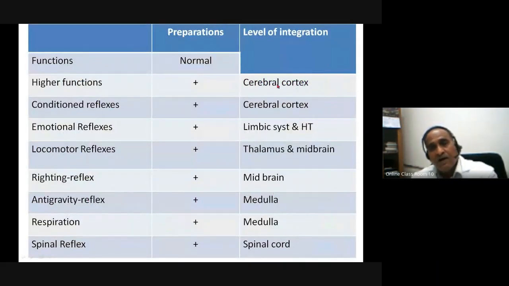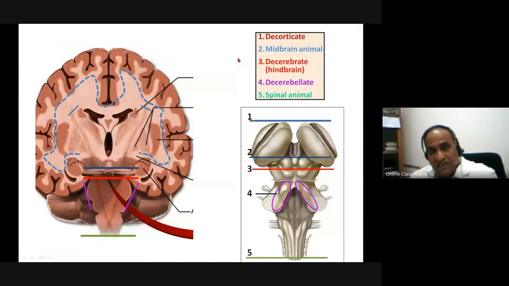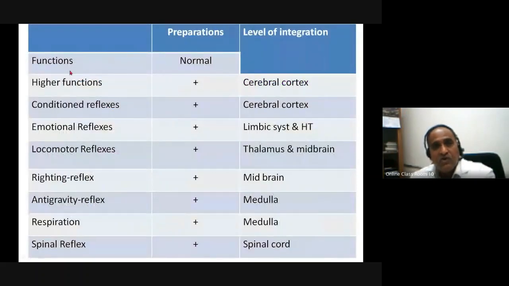Now, before we go into the different aspects of these lesions, we should know what things to look into. In a normal individual, we have the higher functions intact. I can behave socially, I can know the time and space, and all other higher functional aspects.